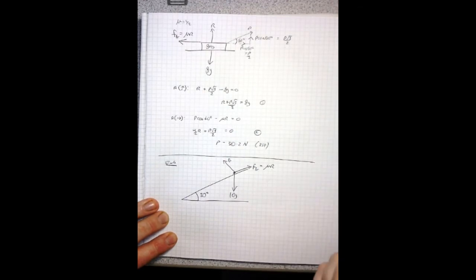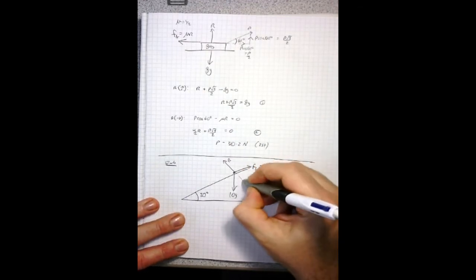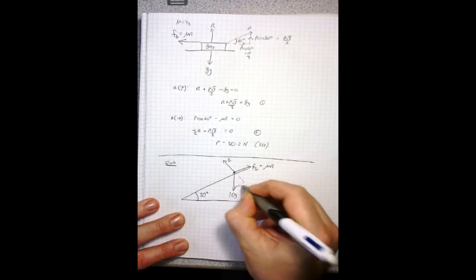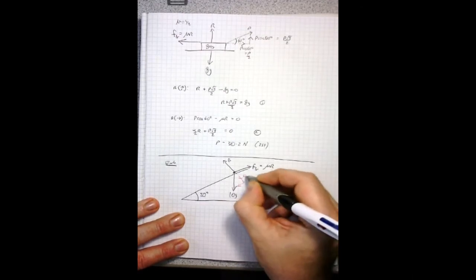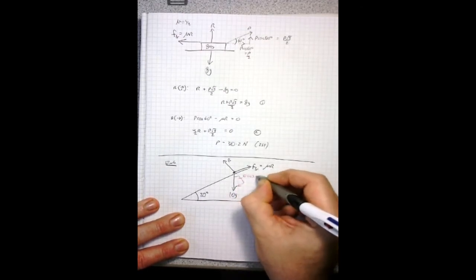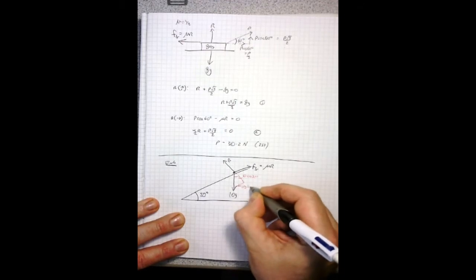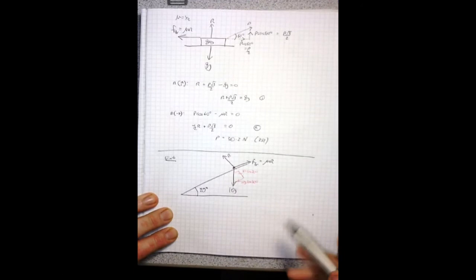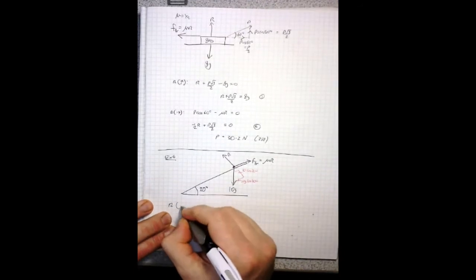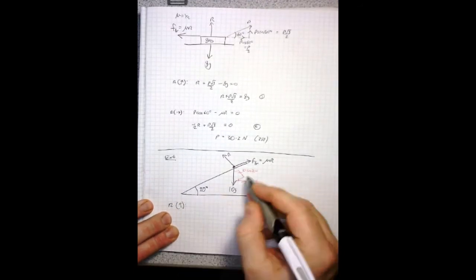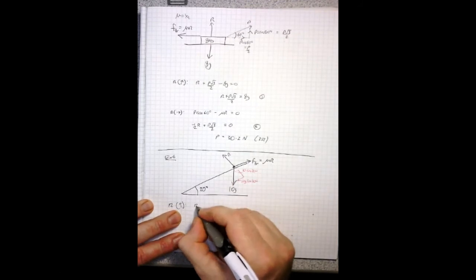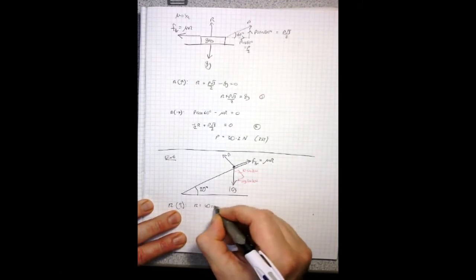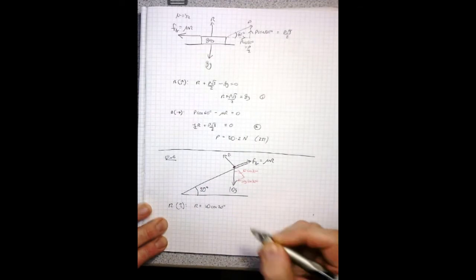Okay, let's decompose the weight. So 10g cos 20, 10g sine 20, and resolve perpendicular and up the slope. Resolving perpendicular will give me R, and I can go straight to R equals 10g cos 20.